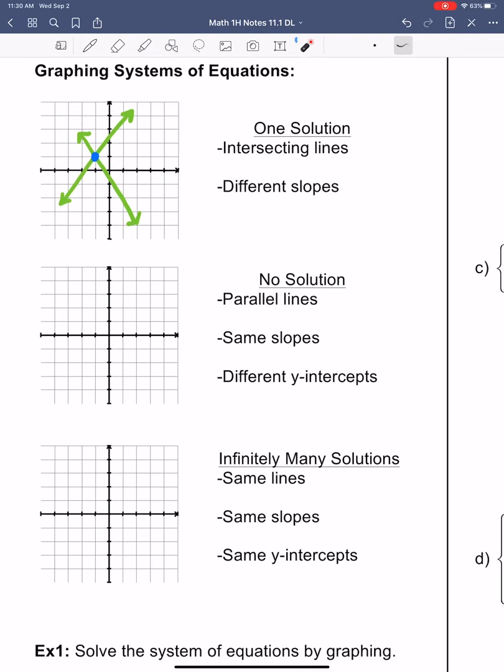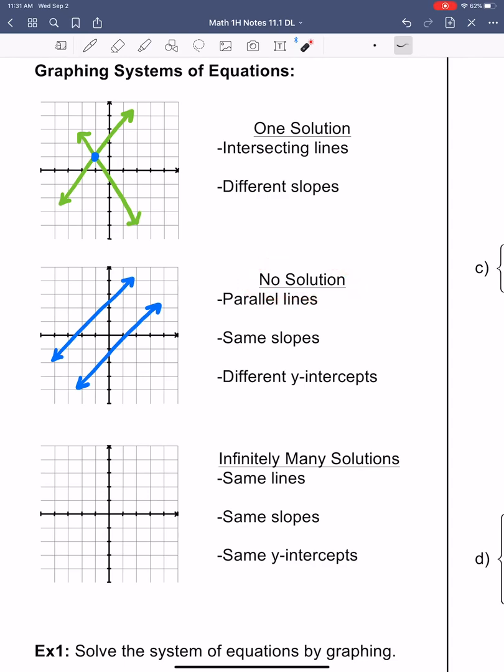Another option, if I were to graph two lines, is that they never run into each other, that they're parallel lines. So they would look something like this. This system would have no solutions because they never run into each other, and so there's no solution point, right? Because the point of intersection is the solution, and if they never run into each other, then we have no solutions.